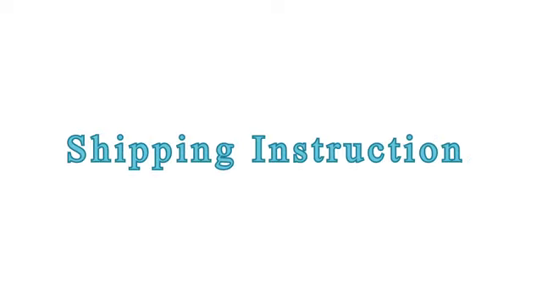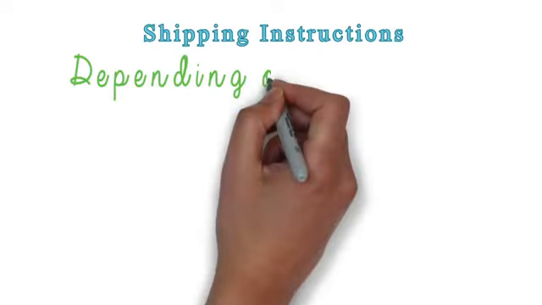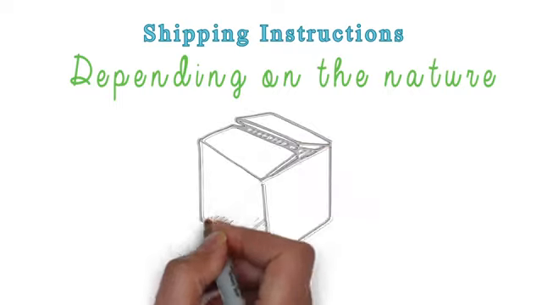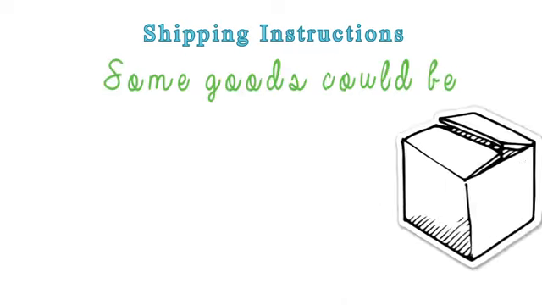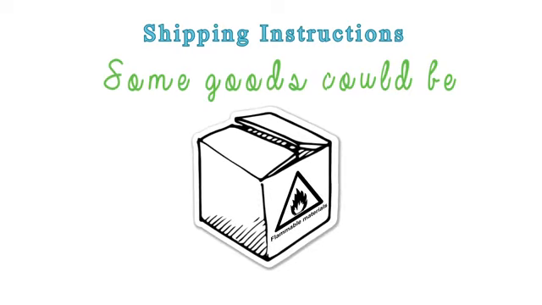Shipping instructions. Depending on the nature of the goods, it has to be shipped under specific instructions. Some goods could be perishable, flammable, corrosive, biohazardous, toxic, pathogenic, or allergenic.